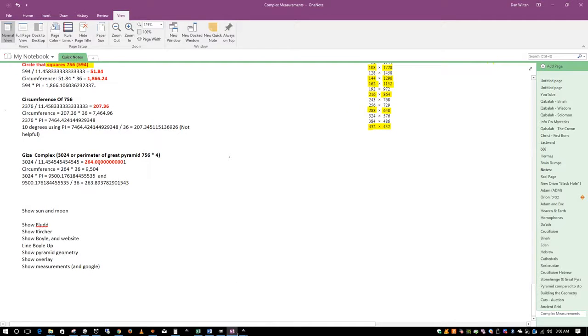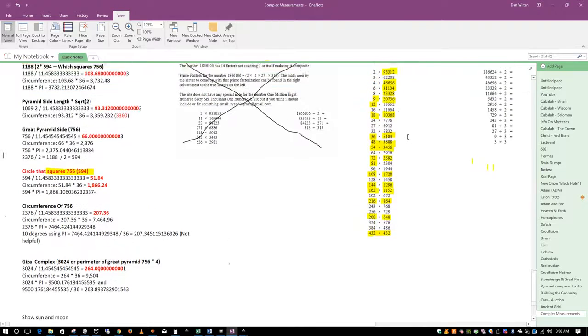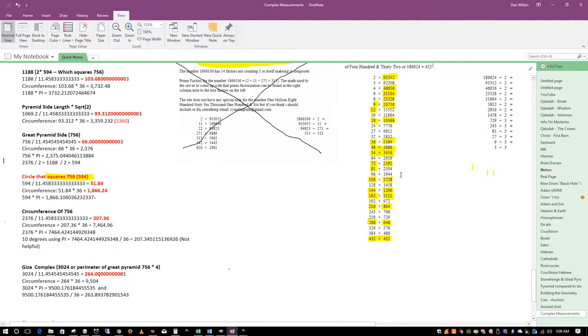So I wanted to show you something real quick because I mentioned something about the sun. The sun is 864,000 miles in diameter. The moon is 2,160 miles. Okay, so we're talking miles and feet. We're not talking kilometers, right? Let's take a look at something.